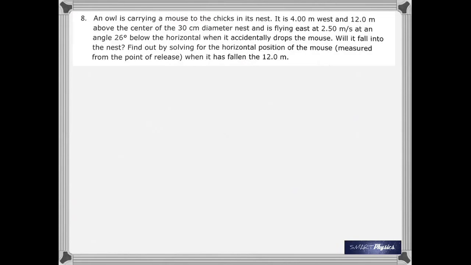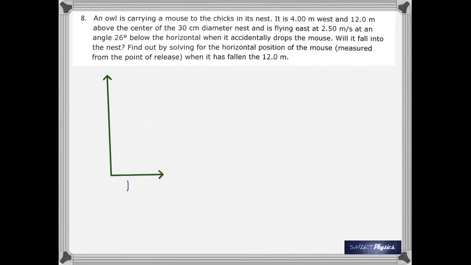Now this owl is carrying a mouse to the chicks in its nest. It's 4 meter west, 12 meter above the center of the 30 centimeter nest, and is flying east at 2.5 meter per second at an angle 26 degrees below the horizontal. You need to visualize this, when all the direction, everything is given.